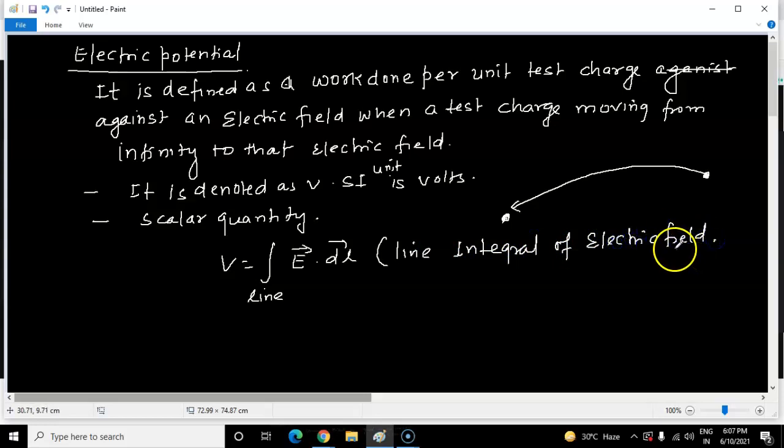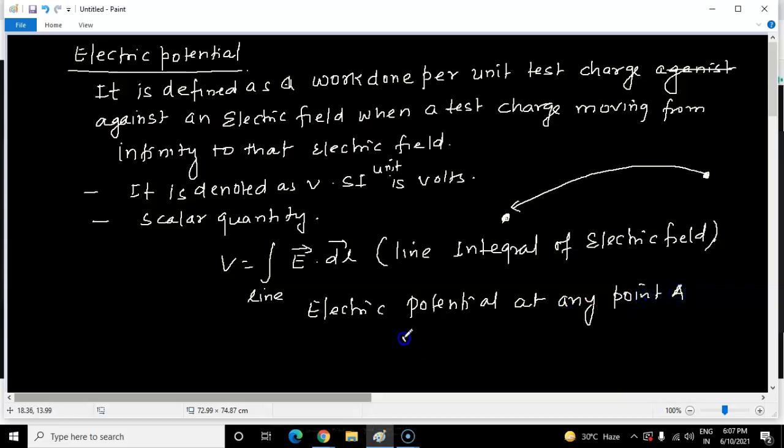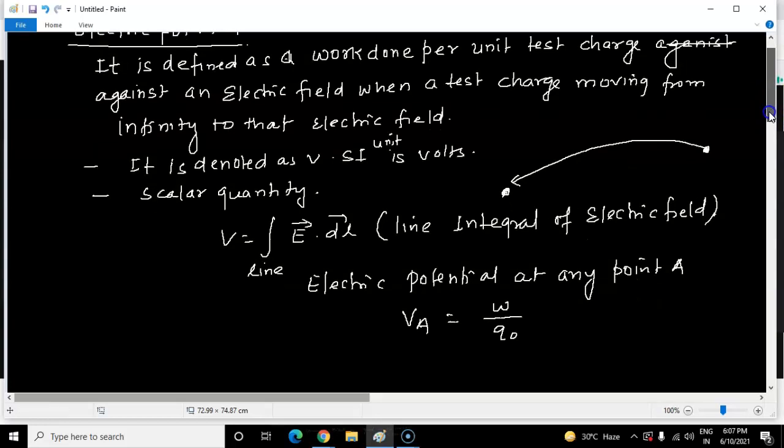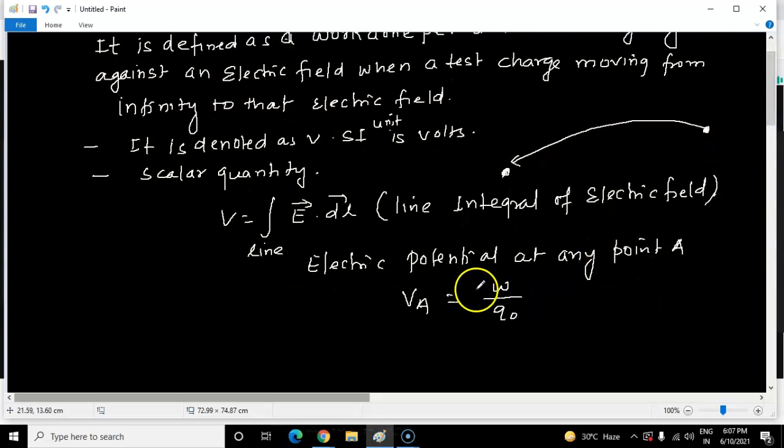Getting? Yes, sir. So electric potential at any particular point A, we can write it like V_A. That is equal to work done by charge, W by Q. And since this work is done against the electric field, it is indicated with a minus.